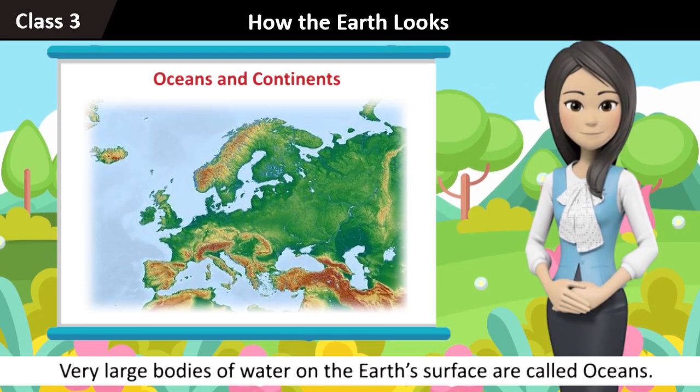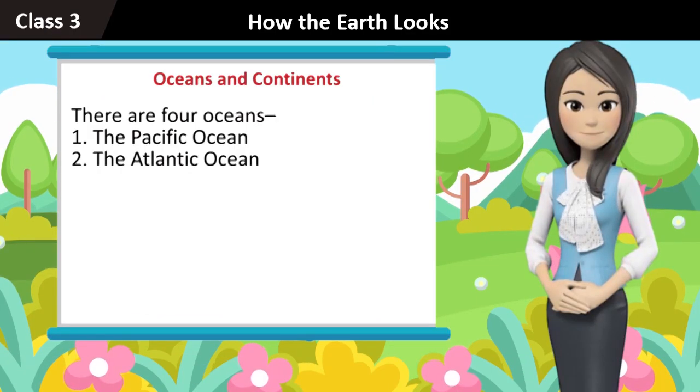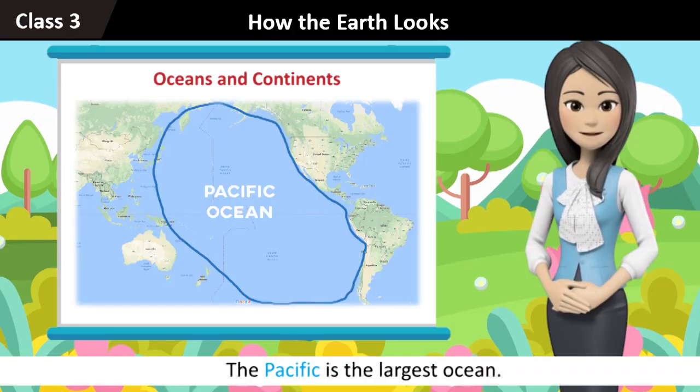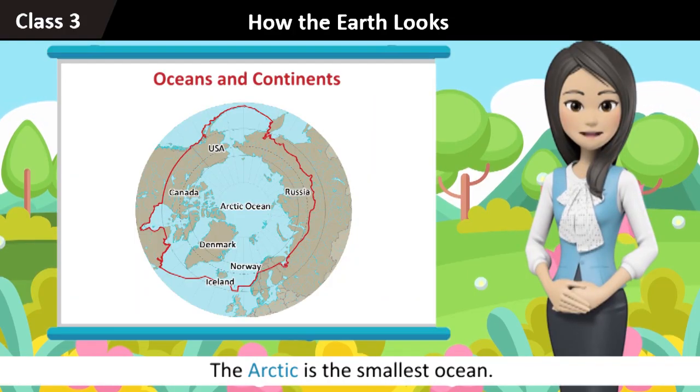Very large bodies of water on the Earth's surface are called oceans. There are 4 oceans: the Pacific Ocean, the Atlantic Ocean, the Indian Ocean, the Arctic Ocean. The Pacific is the largest ocean. The Arctic is the smallest ocean.